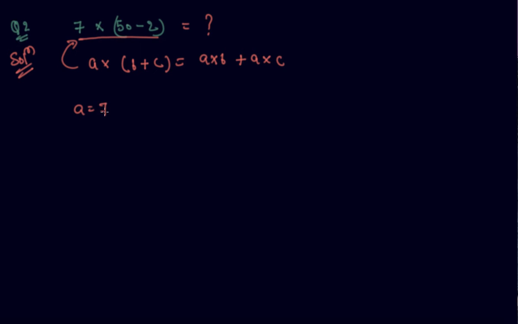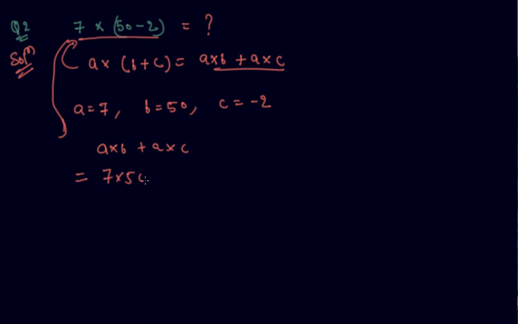The value of A here is 7, B is 50 and C is minus 2. So I'll write the equation as A into B plus A into C, which will be equal to 7 into 50 plus 7 into minus 2. This will be 350 minus 14. So our answer will become 336.